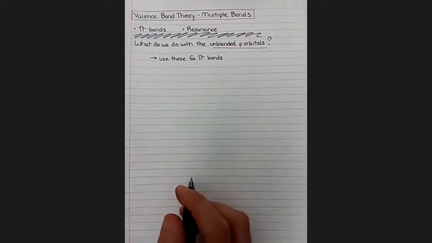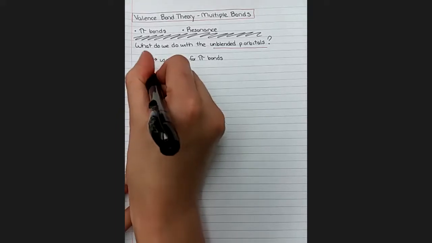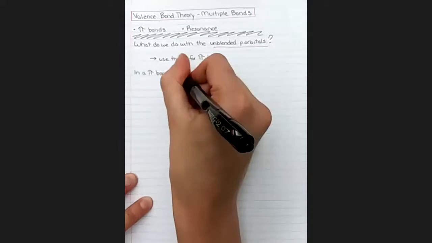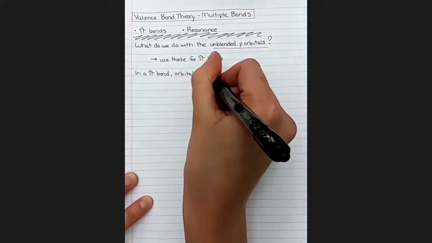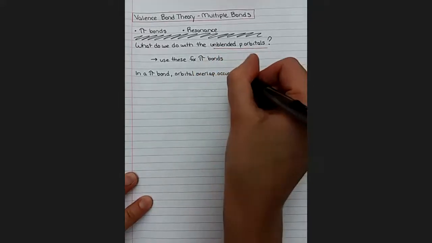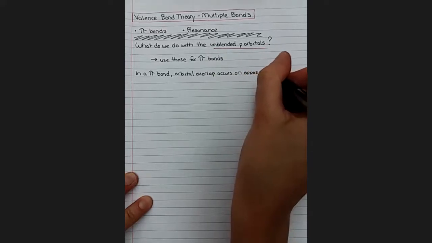So remember when we talked about pi bonds, the pi bond was defined by where the orbital overlap happened. So in a pi bond, orbital overlap occurs on opposite sides of the internuclear axis.